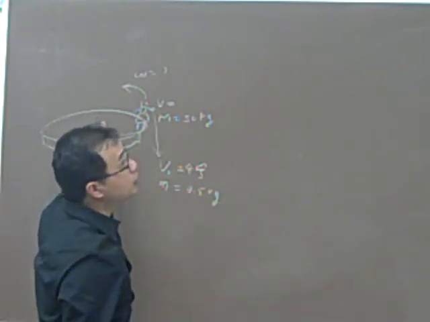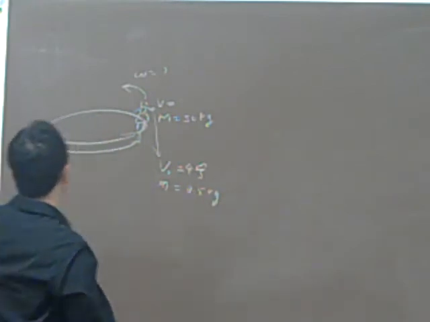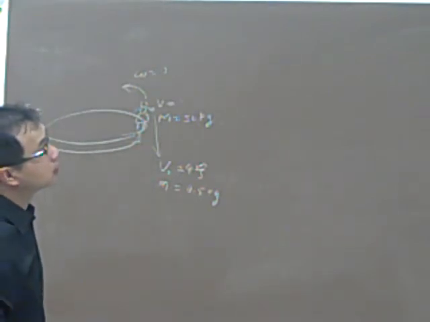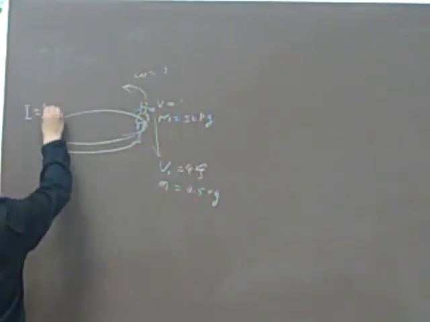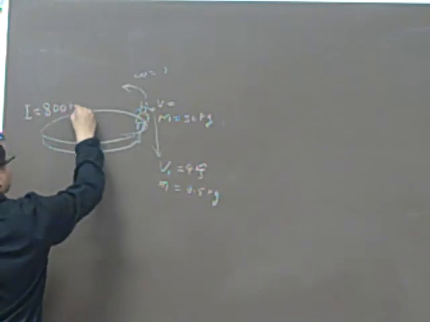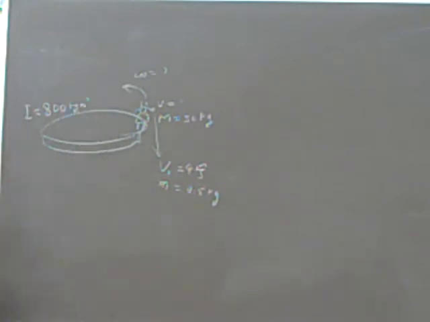And the rotational inertia for the merry-go-round, I, equals 800. So that's the known quantities we put here.